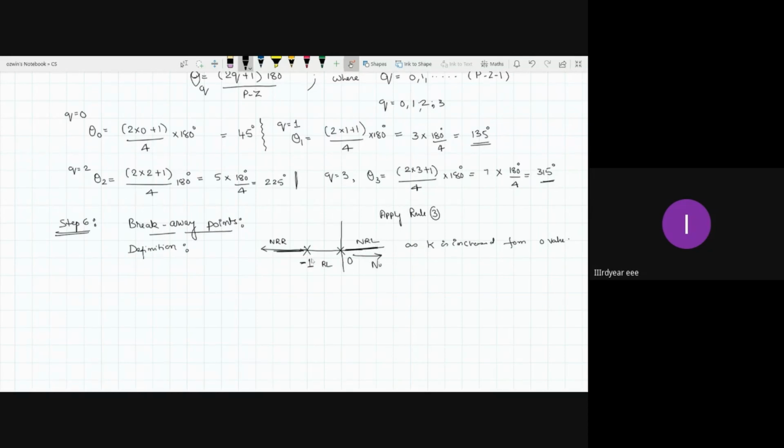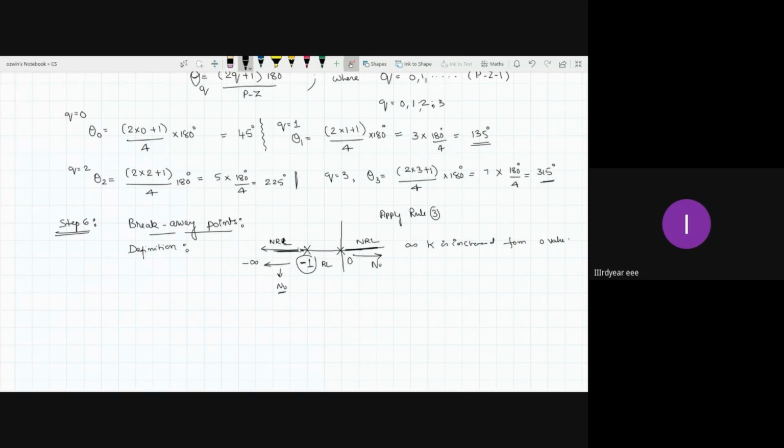Similarly, the root at -1, can it move in the left-hand side direction towards minus infinity? No, it can't, because rule 3 says the region to the left of -1 is NRL, meaning no root locus.